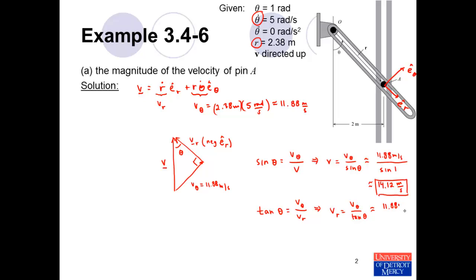11.88 meters per second again, divided by tangent of 1 radian. So that has a magnitude of approximately 7.63 meters per second.